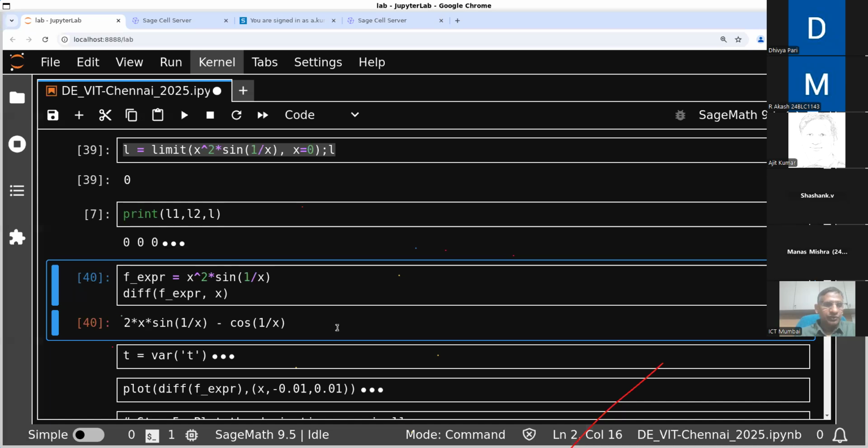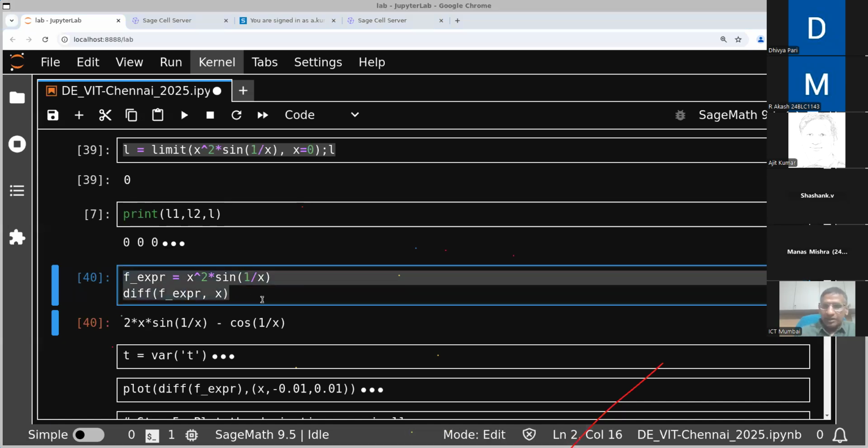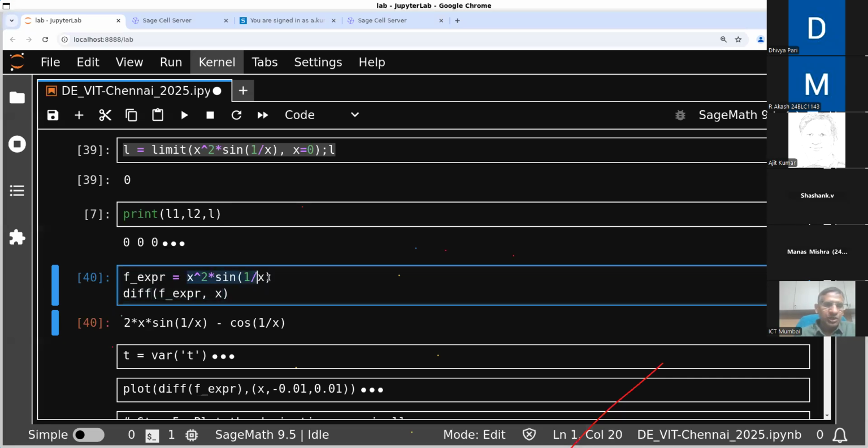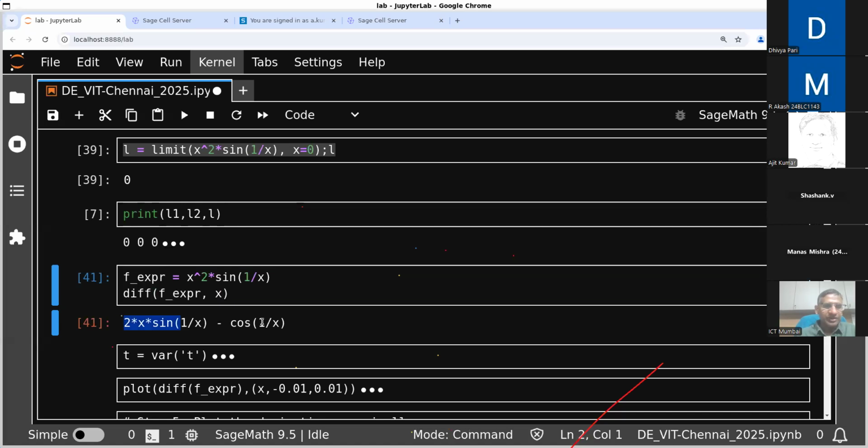the derivative is continuous. So for example, let me define that as an expression. I can define it not as a piecewise function, but I have just declared x square into sine 1 by x in f underscore expr, and we can find out the derivative of this. So that's the derivative, right? So let me copy this.